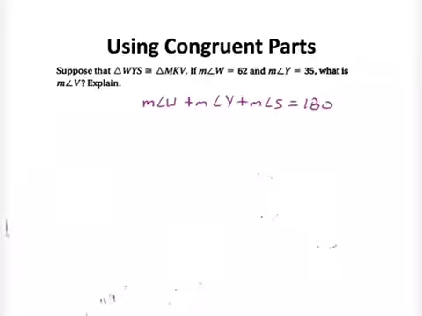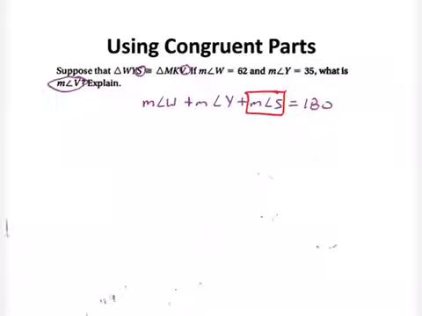But in this case, they want to know the measure of angle V. Well, V corresponds to angle S. So instead of saying angle S here, we can merely replace this with angle V because they should be the same measure if they're congruent triangles.